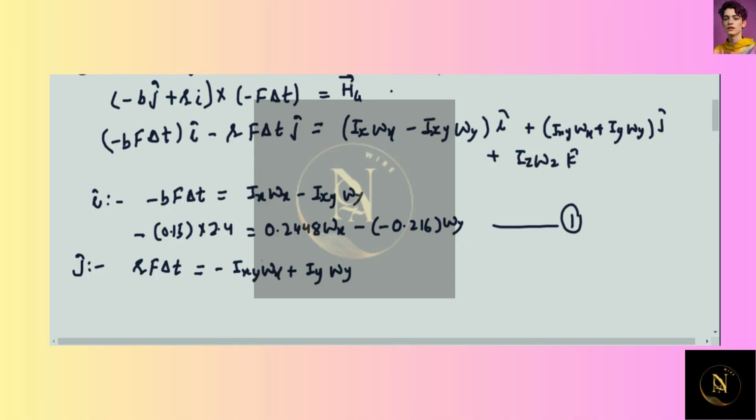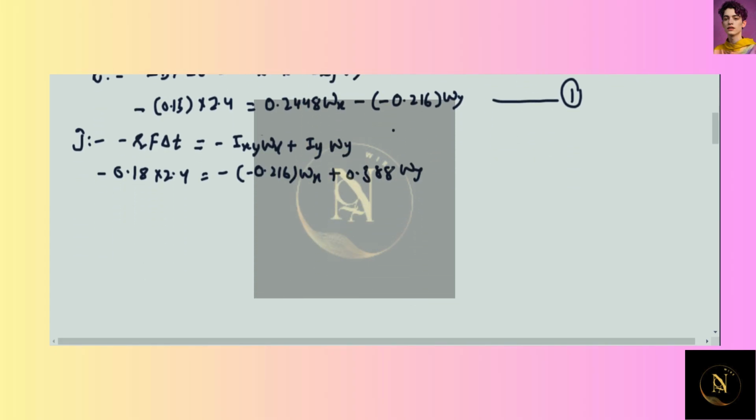Substitute the value. R is given minus 0.18, F delta t is 2.4, summation Ixy is minus 0.216 omega x, 0.388 omega y. This is your second equation.